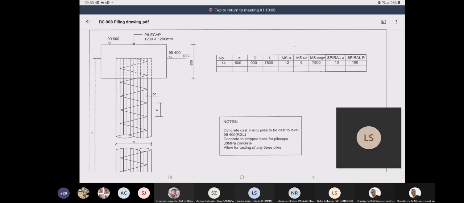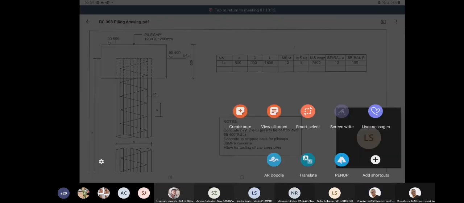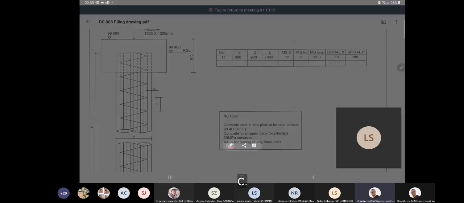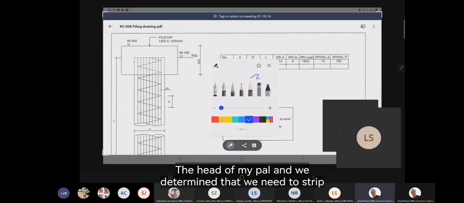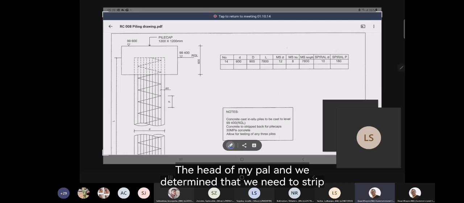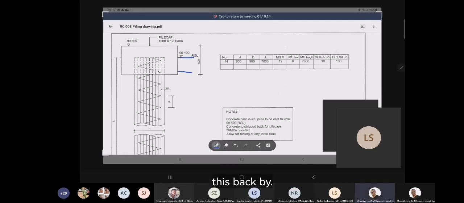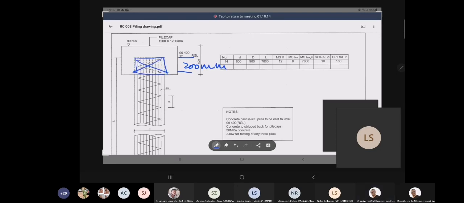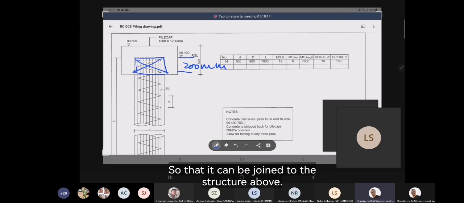So we now need to strip back the head of my pile, and we determined that we need to strip this back by 200 meters for that section there, to expose the steel so that it can be joined to the structure above.